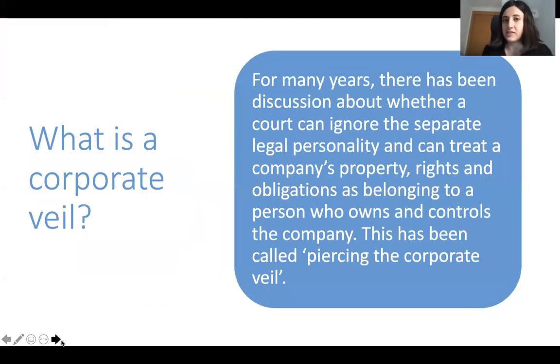However, there are cases when the corporate veil can be lifted. This basically means that the protection that a company offers to its members can be disregarded by the court, so that they can find out what happened exactly and compensate the injured party. Lifting the corporate veil is mainly about fraudulent activities.